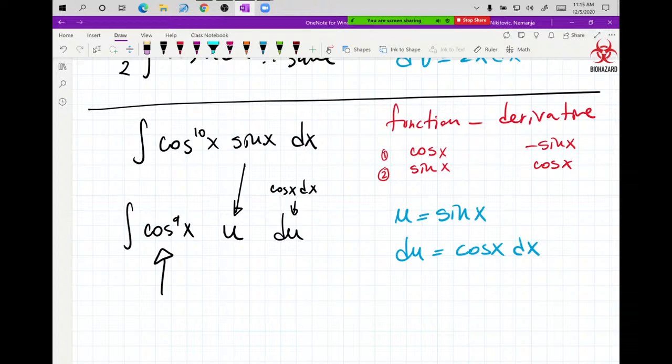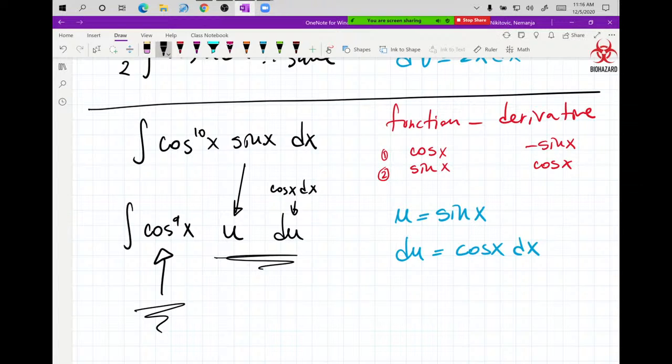So I still have 9 cosines hanging around. Not everything was substituted. So half of my problem is now in the u dimension, and half of the problem is in the x dimension. And that's no bueno.